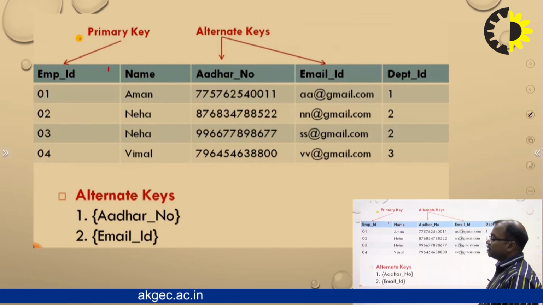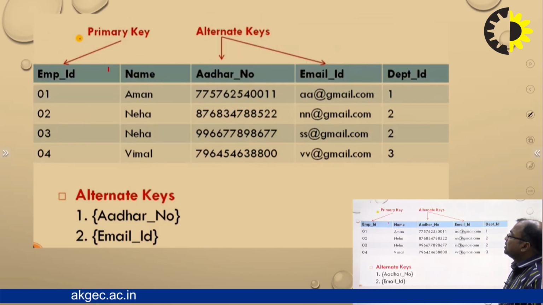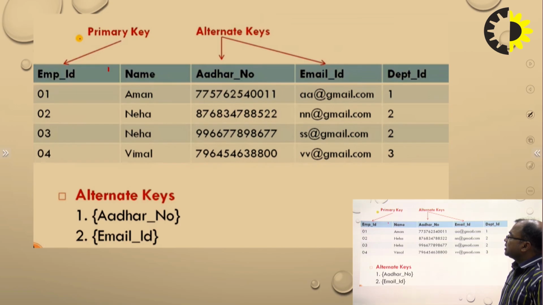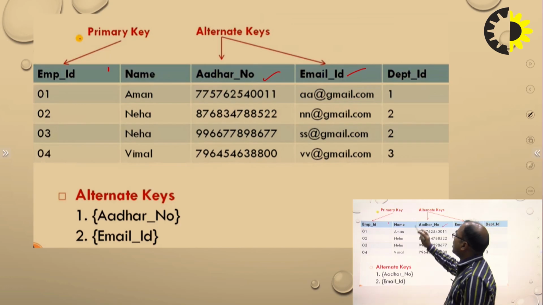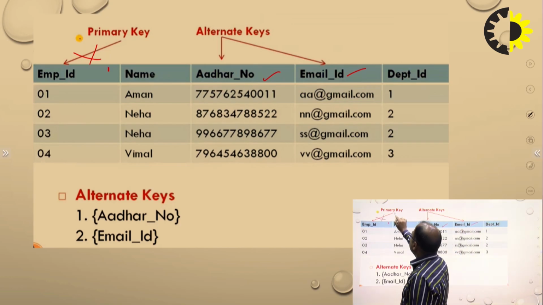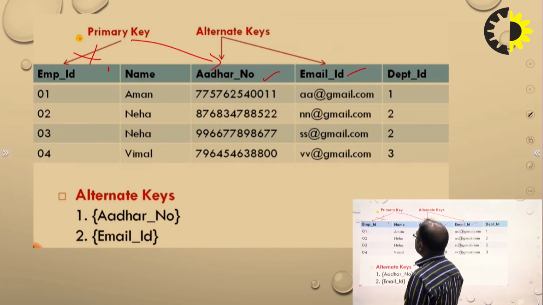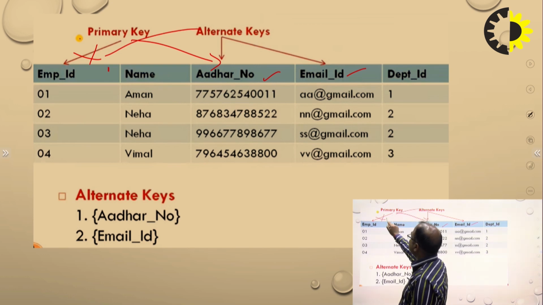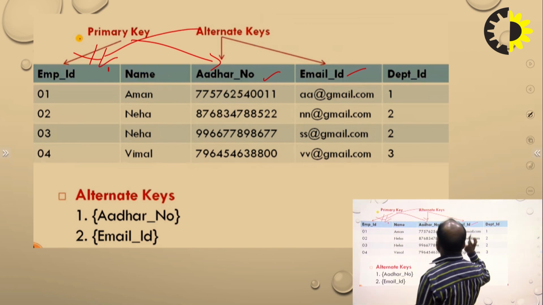So we can see here in this table, the primary key is employee ID. What is left from the candidate keys is Aadhaar number and email ID. So if the primary key is chosen, then we have alternate keys like Aadhaar number and email ID. If we choose the primary key not as employee ID but as Aadhaar number, then the alternate keys are basically employee ID and email ID.